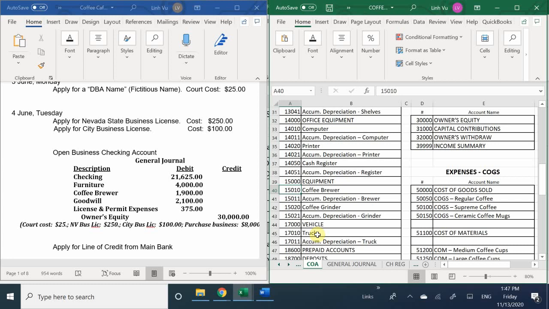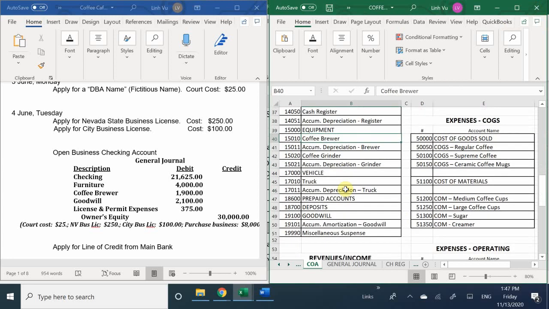Yes, it is an intangible asset. So it's going to be account, not a miscellaneous. Look carefully. Look a couple above.